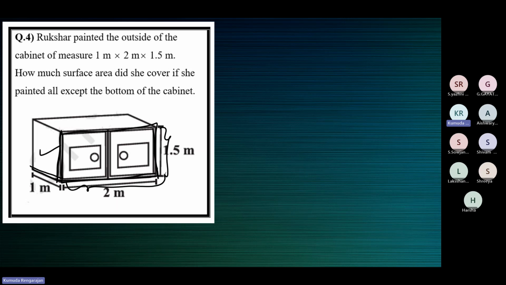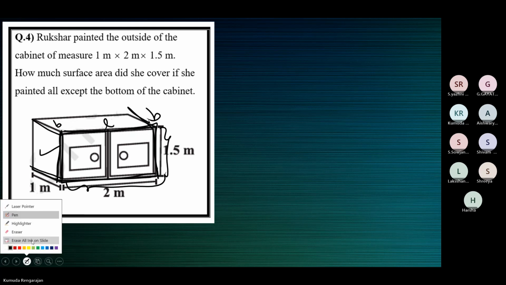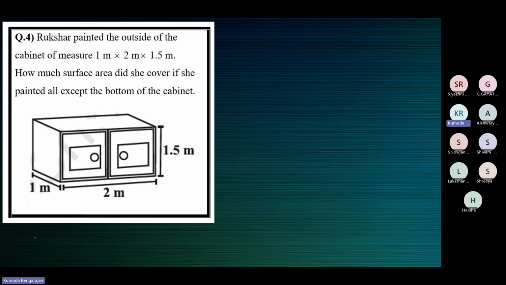Same will be the area of the back face, length into height. Top face, this is the length of the cuboid or the cabinet. This one is the breadth. So L into B will be the area of the top and bottom face.